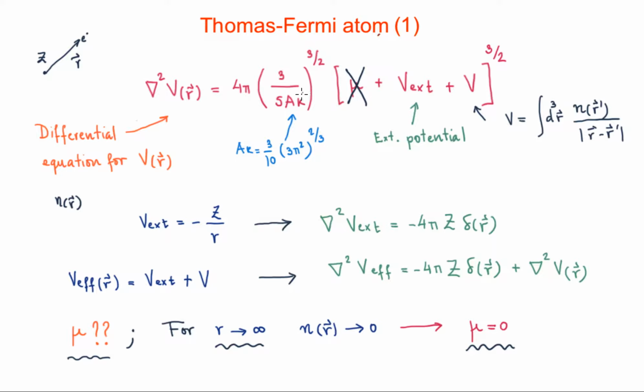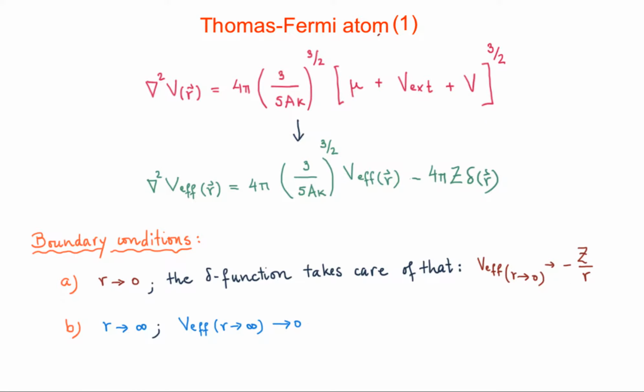Okay, so what are we going to do next? Next, we are going to look for an equation for the effective potential we have just defined, which is the external potential plus the induced potential. So, as we said before, the Laplacian of the effective potential is the Laplacian of the external potential, which is that one, plus the Laplacian of V, which is the whole thing, where mu is equal to 0, and these two terms are called V effective.